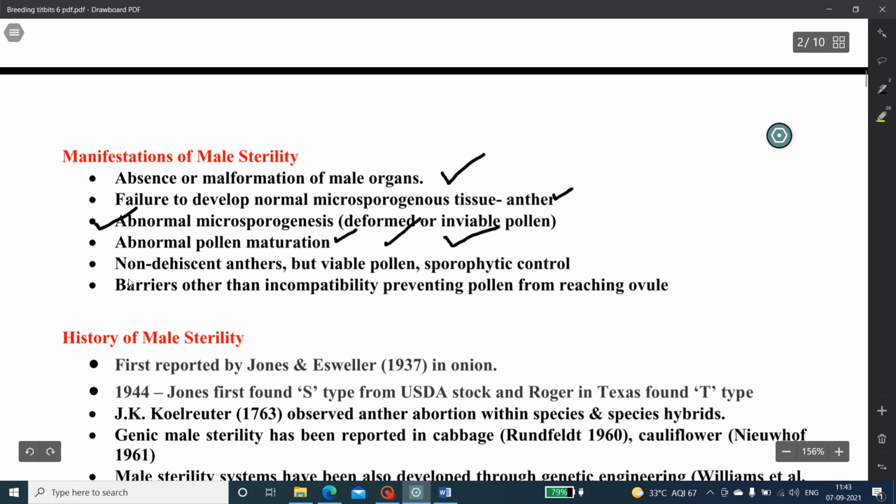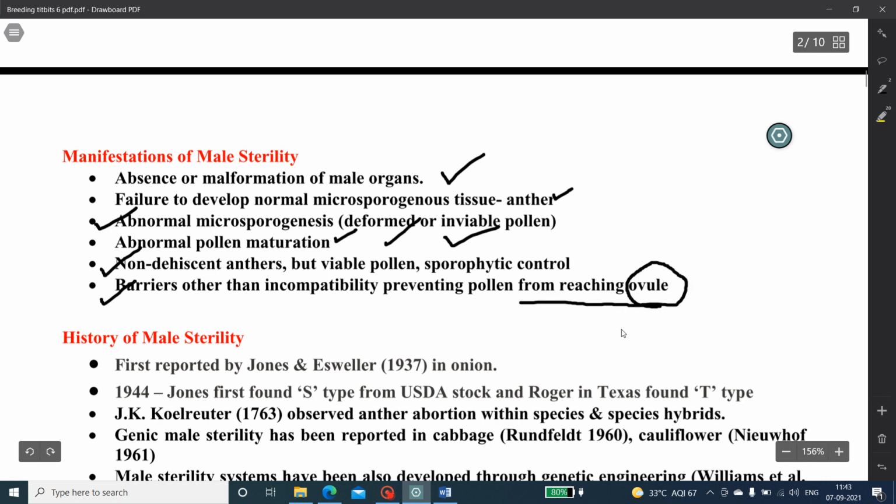Another manifestation is non-dehiscent anthers, where the pollens are viable but there won't be any anthesis. The last one is barriers other than incompatibility preventing pollen from reaching the ovule.